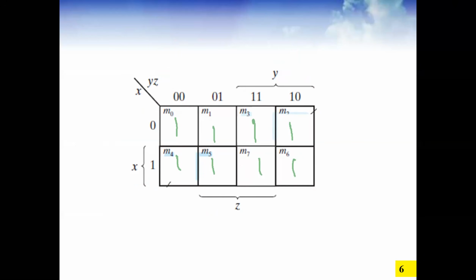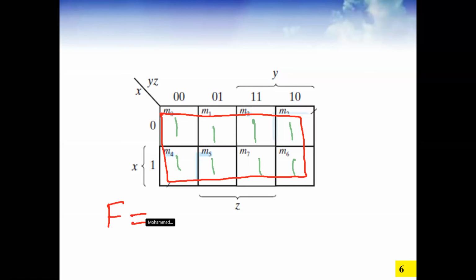Now, what is the maximum group of ones possible in this situation? 8, absolutely, all ones are there. So what will be your function? The function will always be 1, because whatever your input combination, all the time you are getting output 1. So once you have a completely filled K-map, the function output will be 1.